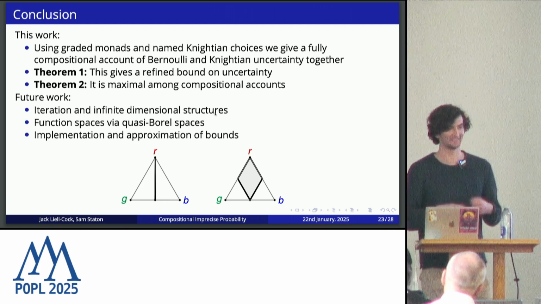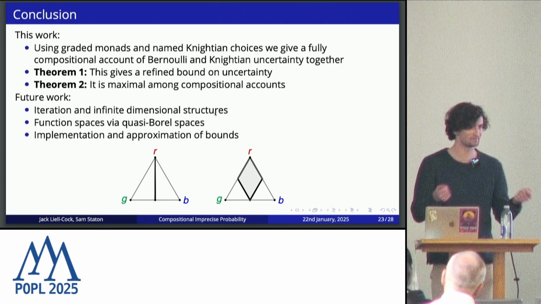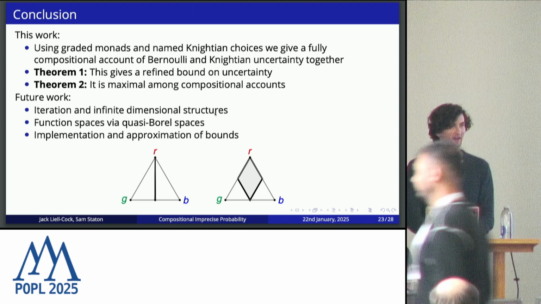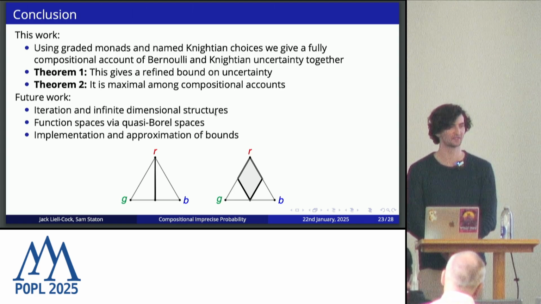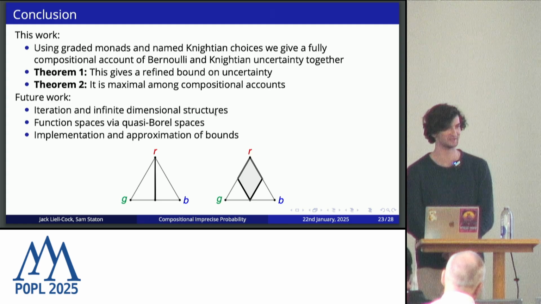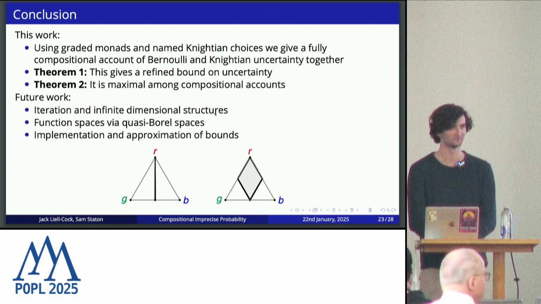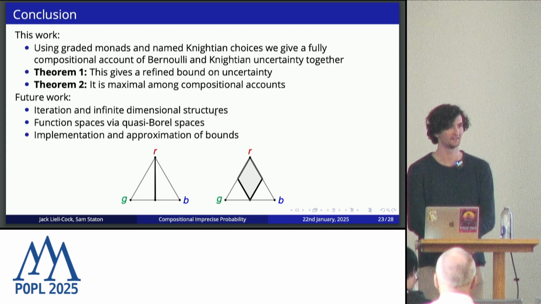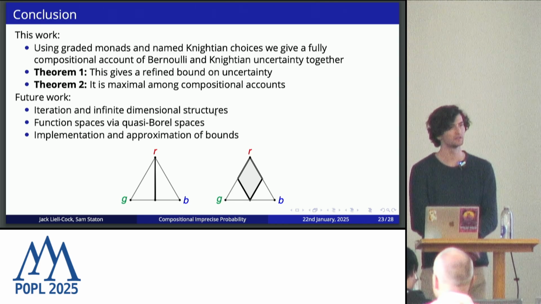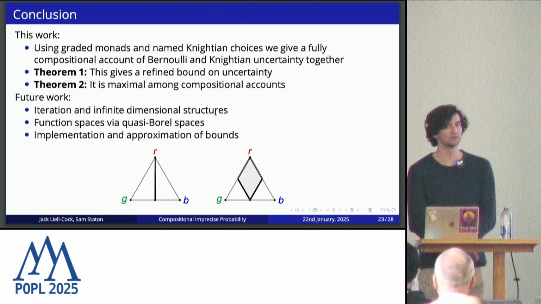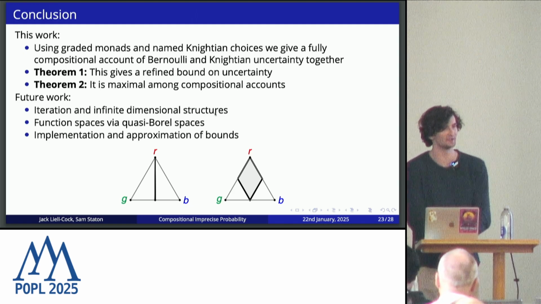We haven't really looked at the other imprecise models. I can't tell you whether it will work in those systems until I know what the systems are. So, yes, we give the semantics in convex sets.